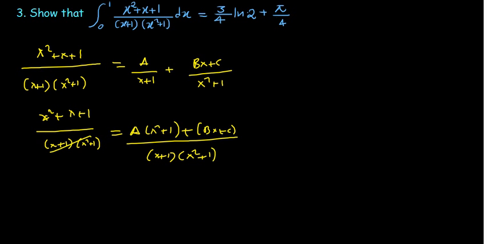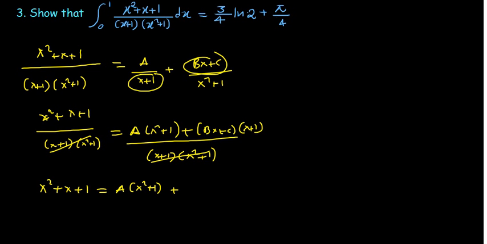So the denominators are the same, therefore the numerators are going to be the same. x² + x + 1 is going to be equal to A(x² + 1), plus (Bx + C)(x + 1), because we're multiplying this and this.